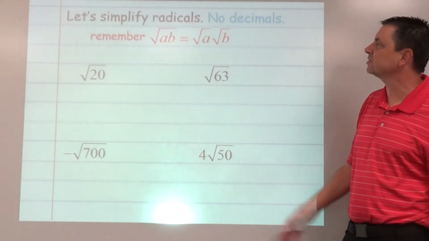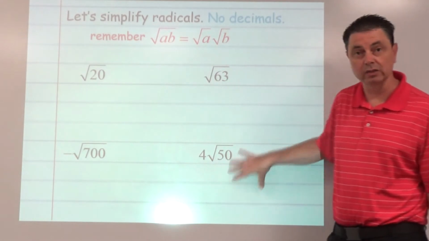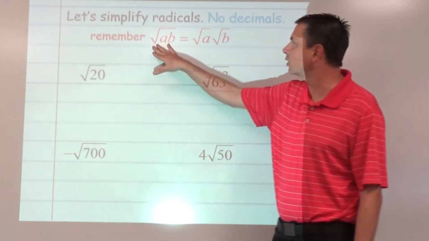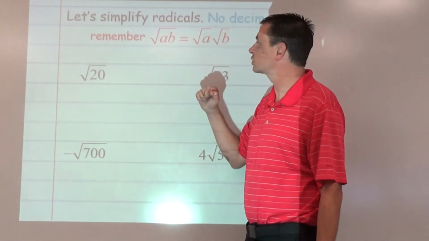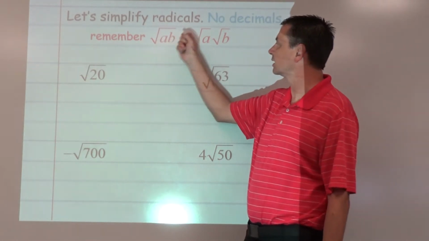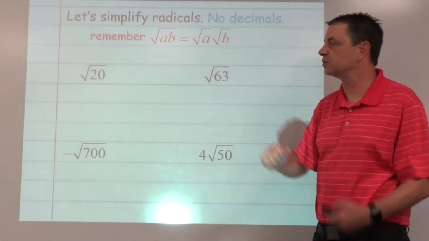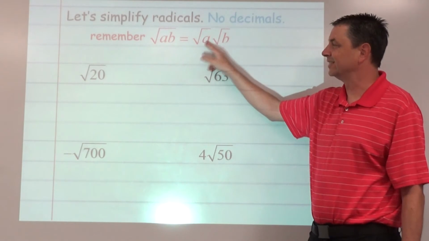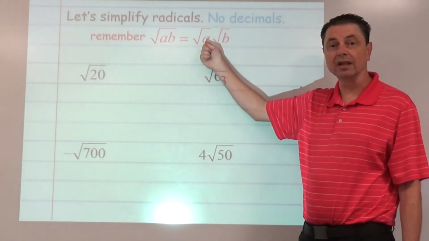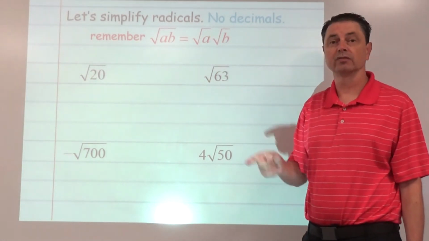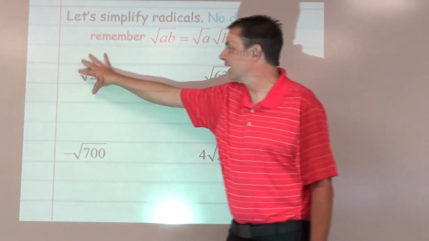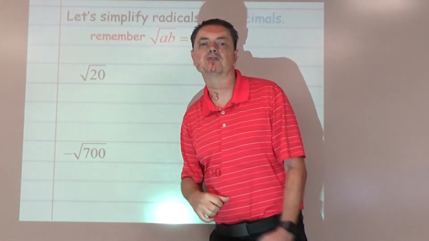So let's simplify some radicals. We've already done this with square roots, so this should be a review. Remember our product property for square roots, that the square root of a product can be broken up and split up into the square root of its factors. And we would like the first factor to be a perfect square. So think about how you might break up the square root of 20.